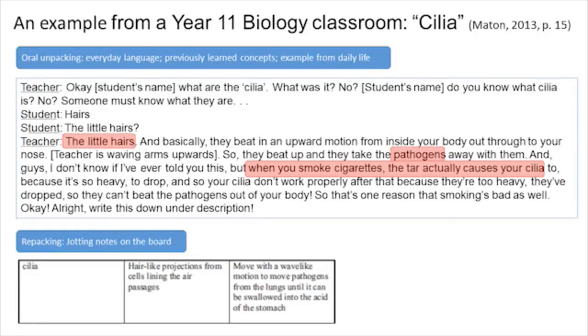And basically they beat in an upward motion from inside your body out through to your nose. So they beat up and they take the pathogens away with them. And guys, so you see, guys, involvement address terms.